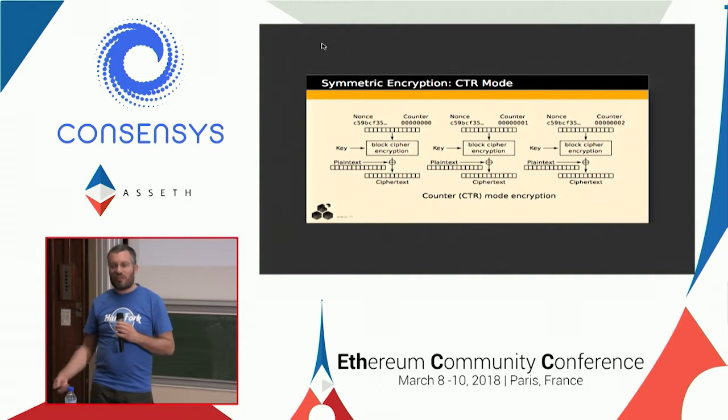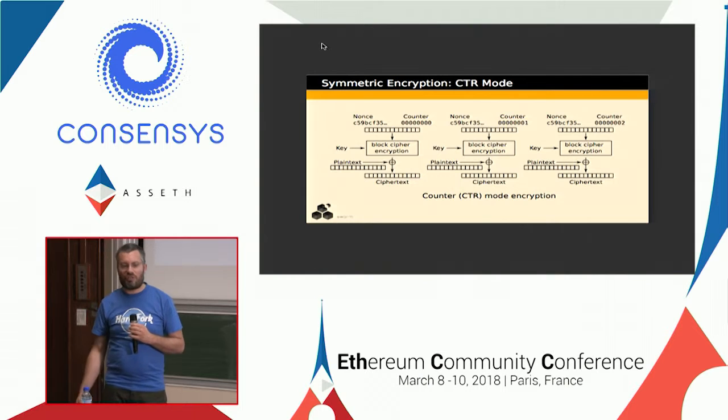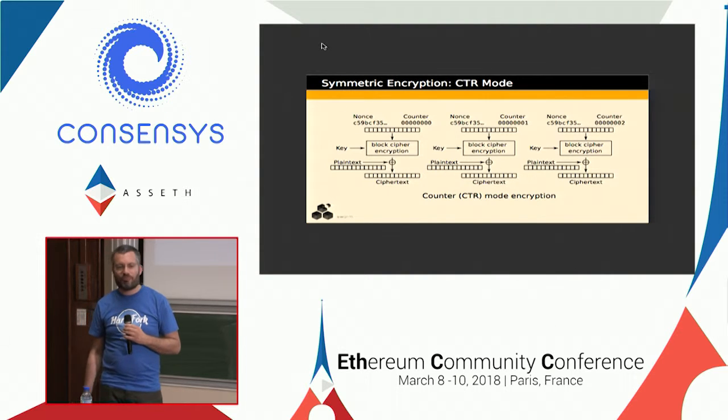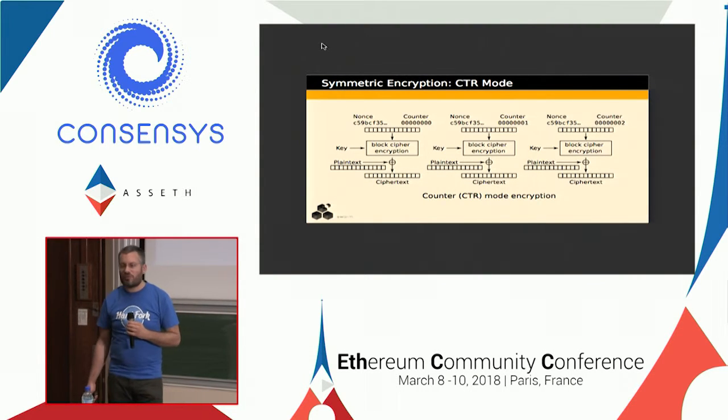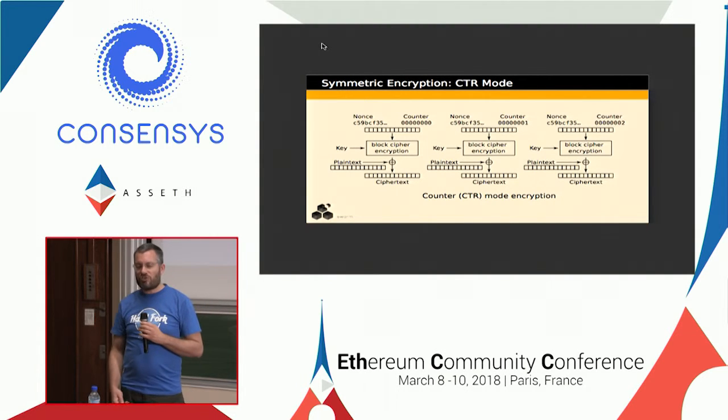Because of the counter mode, it is actually possible to do partial decryption, where you don't have to generate the whole key stream, only its section which covers the data that you're interested in. So this is the basis of what we use. But also please note that here we don't use many of the properties of the block cipher.